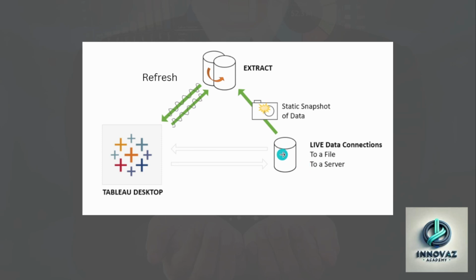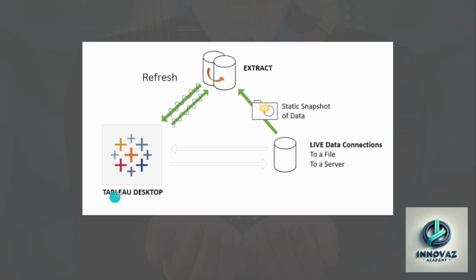What it will do is extract the data from this database and create a local copy. That local copy will be available in your local system. So this local copy and Tableau will be embedded. Tableau will consume the data from this local copy, not from the database directly. Simply, you can understand it will take a photocopy of the data and save it in the local machine. So it starts consuming the data from this local copy, not from the database.